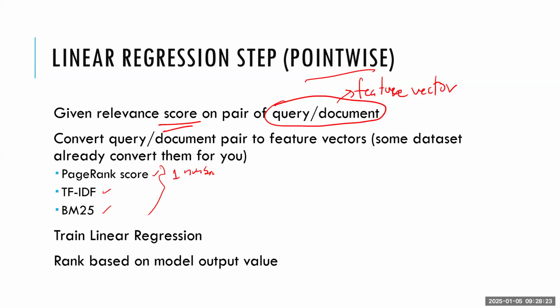You can combine many scores to construct a feature vector, and then you can train, and rank based on the output value. The training phase and the ranking phase are quite simple because we have already learned them. So we will look at how we can convert the query document into a feature vector.